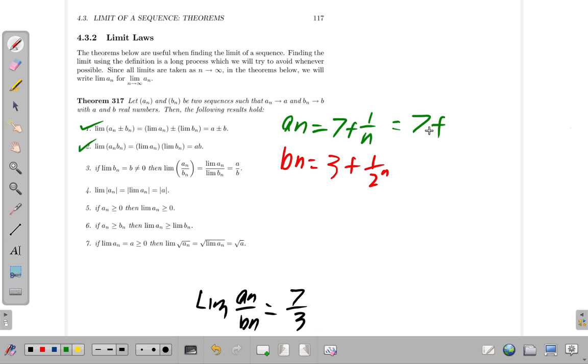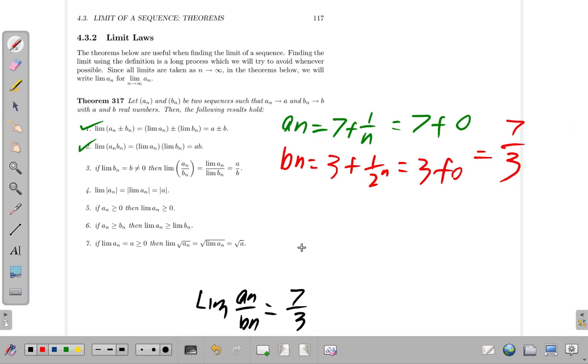It is 7 plus, as n tends to infinity, 1 over n tends to 0. And the limit of bn as n tends to infinity is 3 plus, as n tends to infinity, 2 to the n tends to infinity, and 1 over that tends to 0. So what we have is 7 over 3.